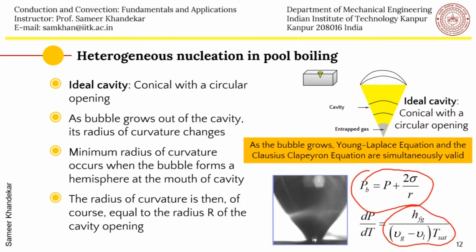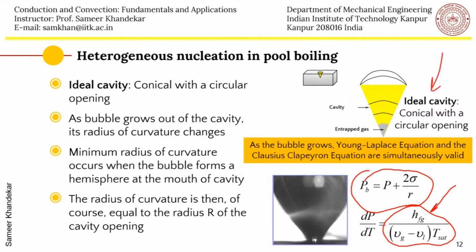As the bubble grows out of the cavity, we have assumed an ideal cavity here, which is conical with a circular opening. The entrapped gas, the disturbance will travel and the heat will come in from here, and the bubble radius inside the cavity will change, and then it will come on top.